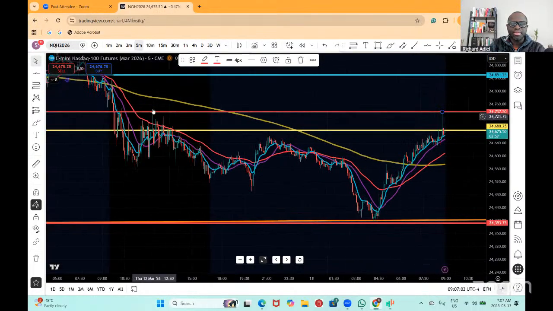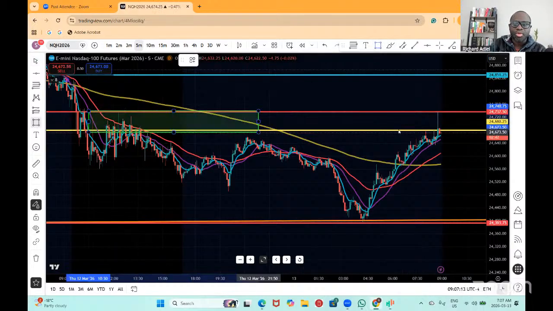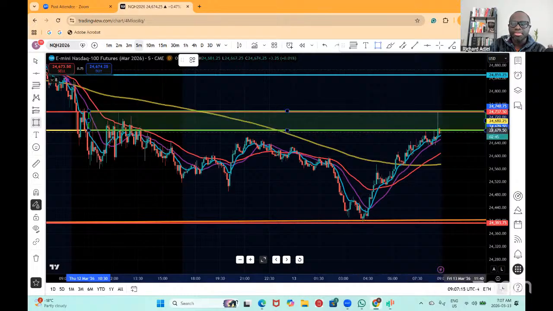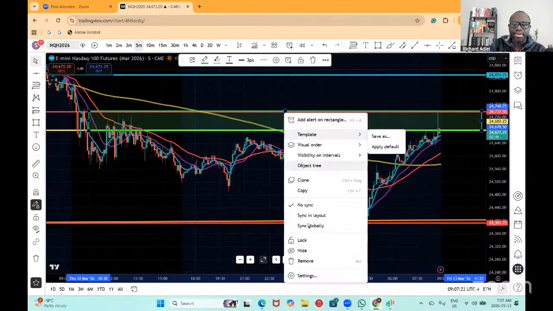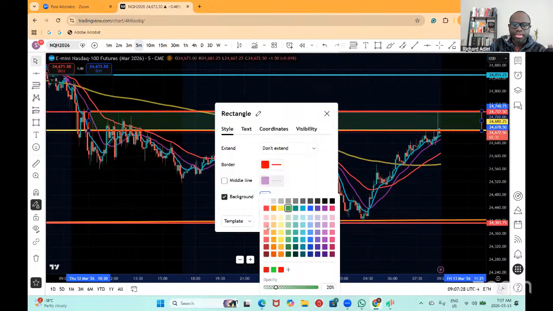You see here, price came here and rejected, price came here and rejected. So this area here has become an area of interest, and then this whole area here has become what I call a supply zone, for now, until such a time that it is negated. Let's see here.